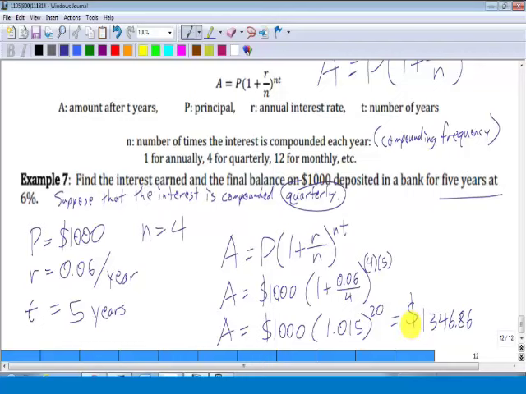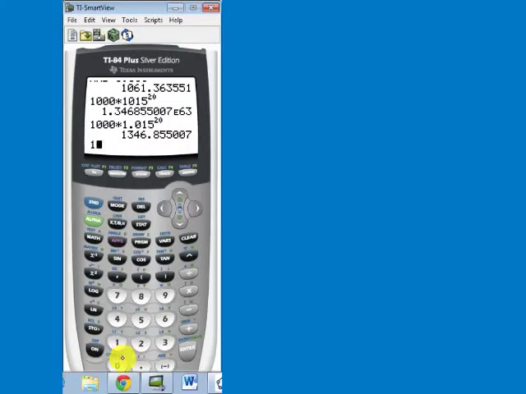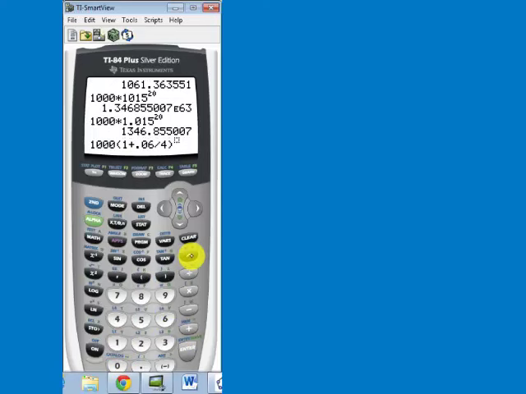A common mistake, I think, in evaluating this using the calculator. If you take 1,000 and multiply by 1 plus 0.06 divided by 4 and raise it to the power of 4 times 5, if you're using the TI-84 Plus, it's not a big deal because you don't need parentheses up in the exponent.